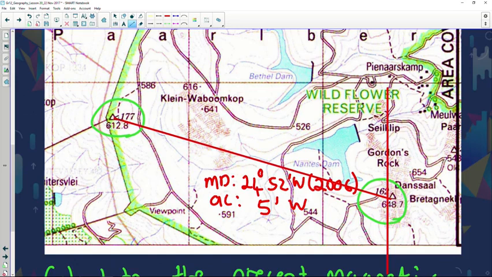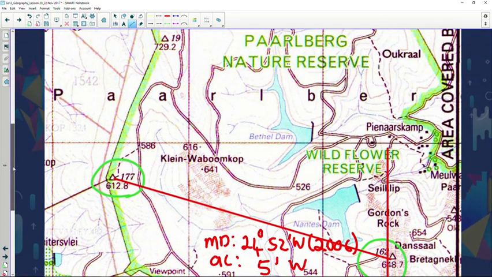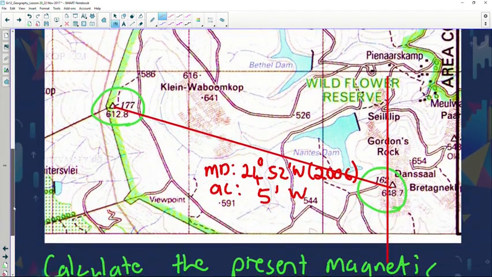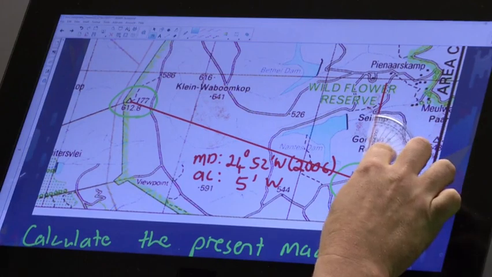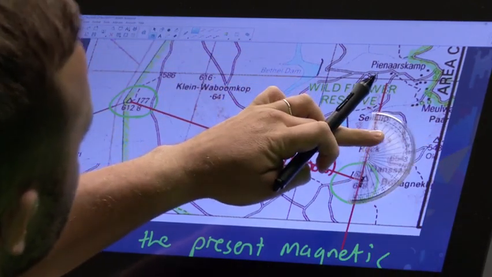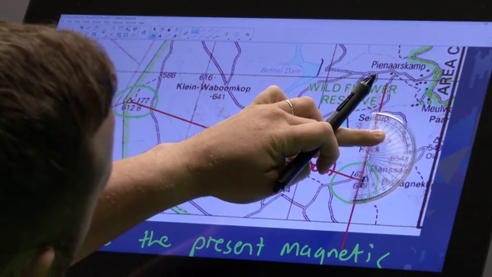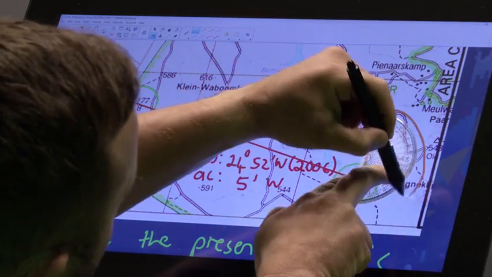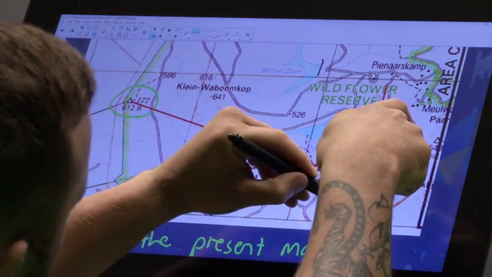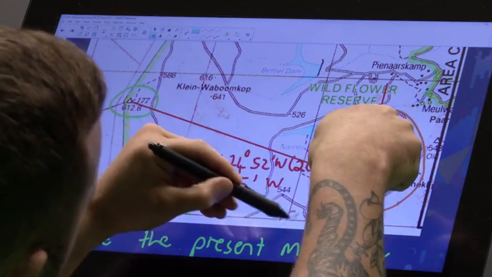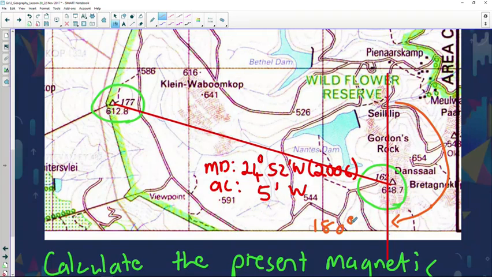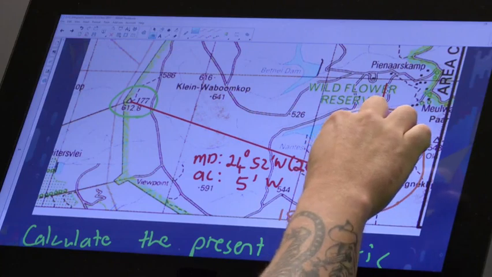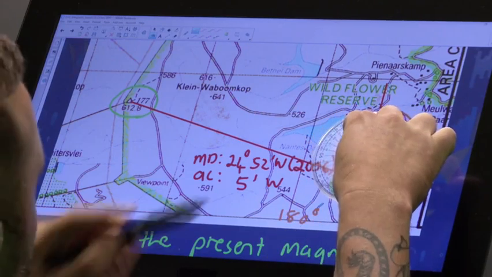Using our protractor, placing it on our north-south line and measuring clockwise, the 0 shows to the true north. So we're moving in a clockwise direction. That's 180. Move your protractor in a clockwise direction because you're measuring clockwise.